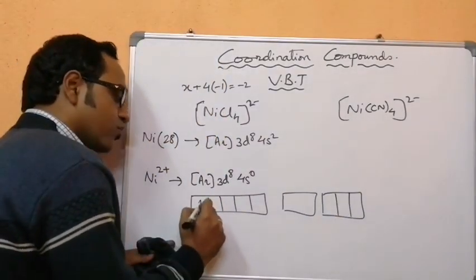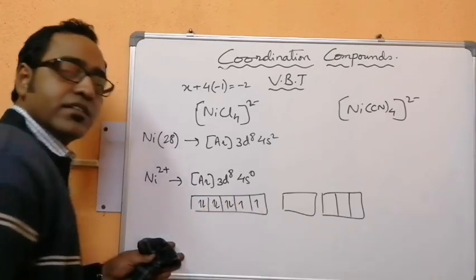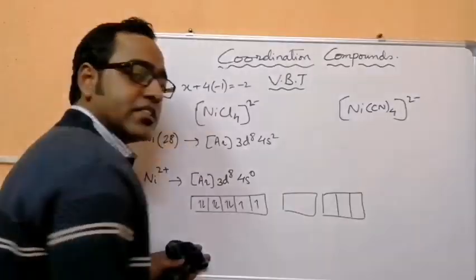This is 3d8: 1, 2, 3, 4, 5, 6, 7, 8, and 4s0.